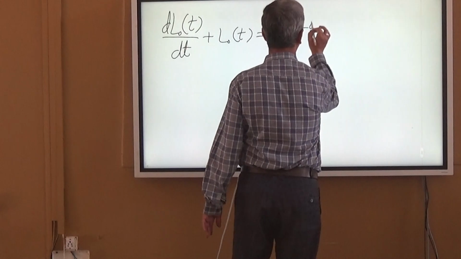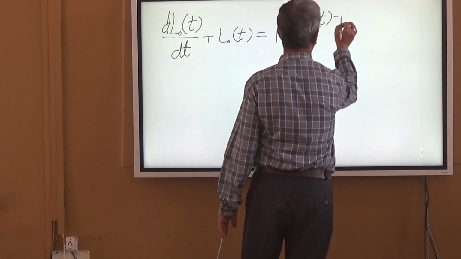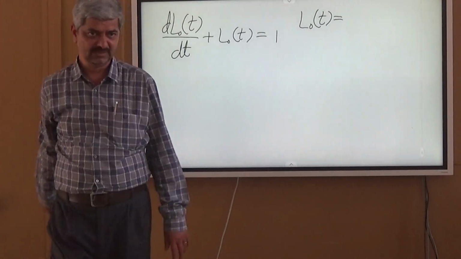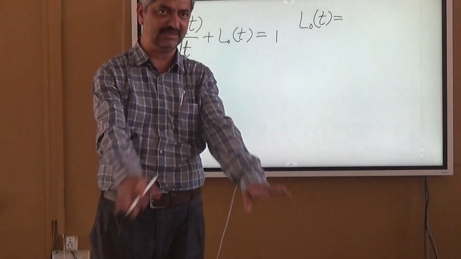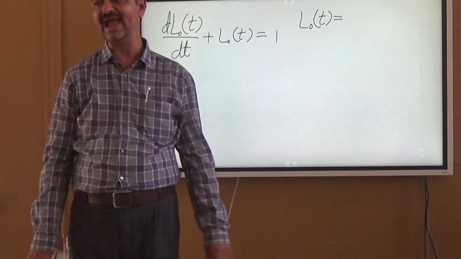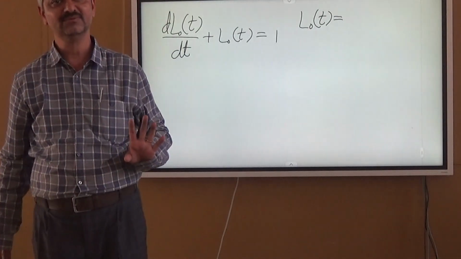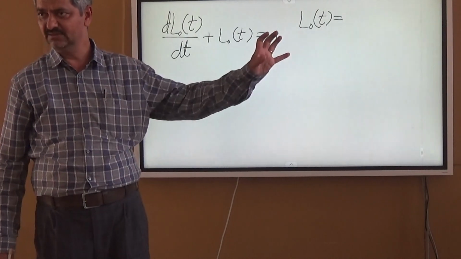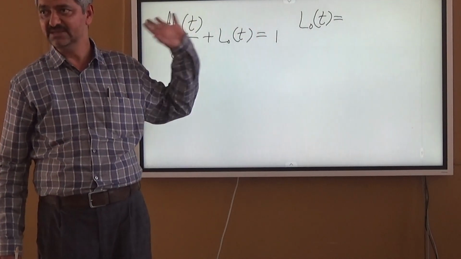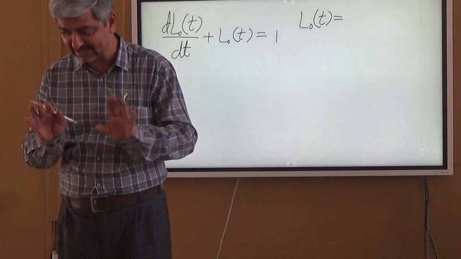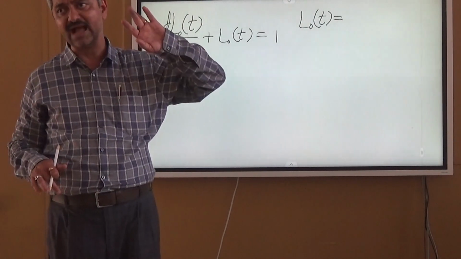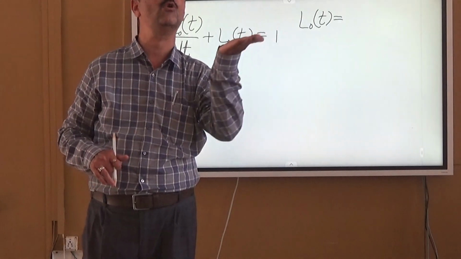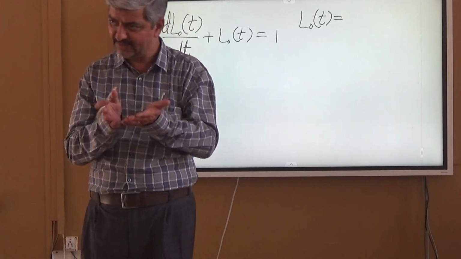LOT will be, or has to be, some function of time t such that at t equal to 0, LOT is 0. Whatever you write, when you put t equal to 0, the answer must be 0, because that is where we are starting. You can start with a different setup where there can be some water initially. So there are various options.